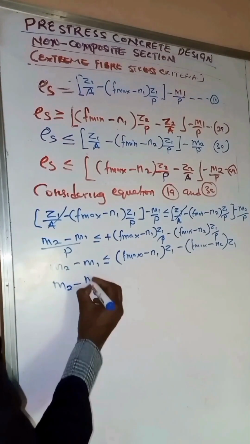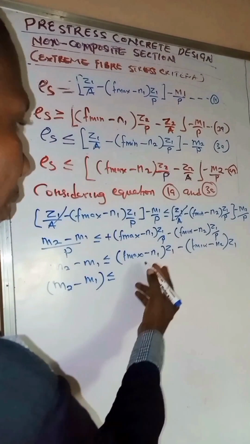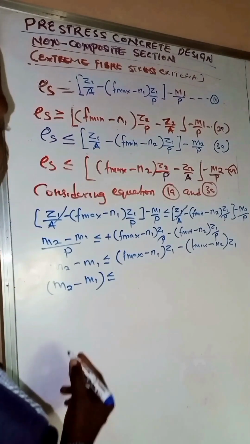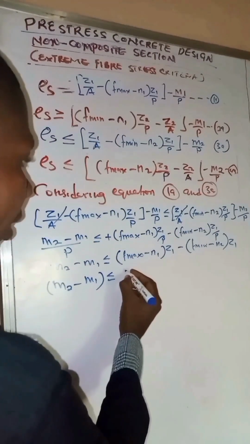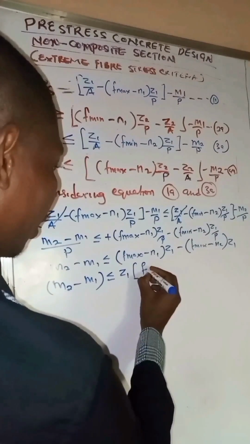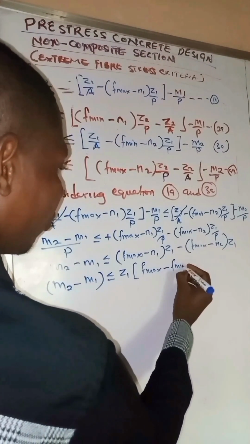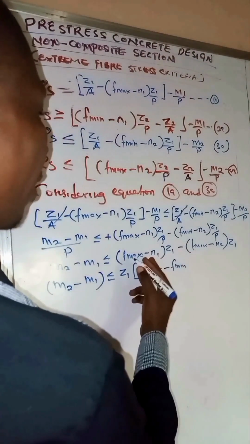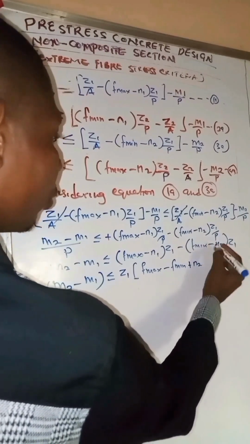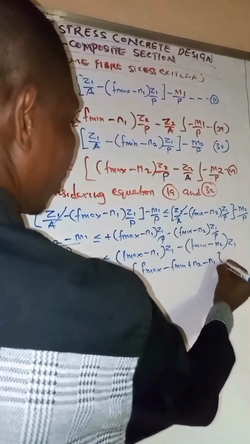We have Z1 as a factor on both sides. So this becomes Z1 bracket F maximum minus F minimum, plus N2 minus N1, all into bracket Z1.